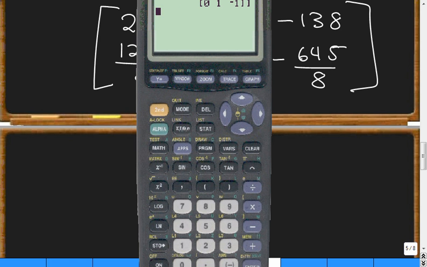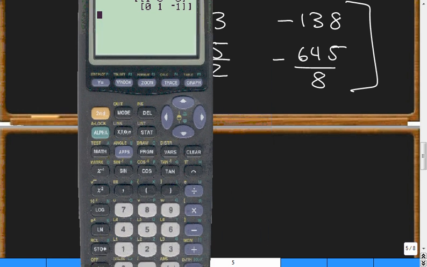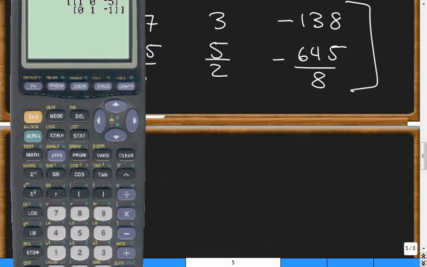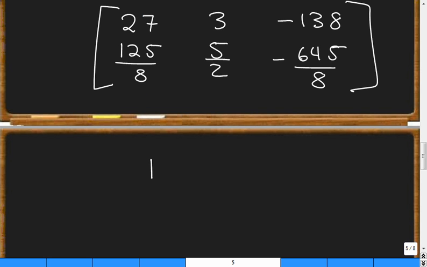When we set up our matrix, our A's are represented in our far left column, our B's are our middle column, and our values are on the right. So what this really tells us is that A is going to be negative 5 and B is going to be negative 1.